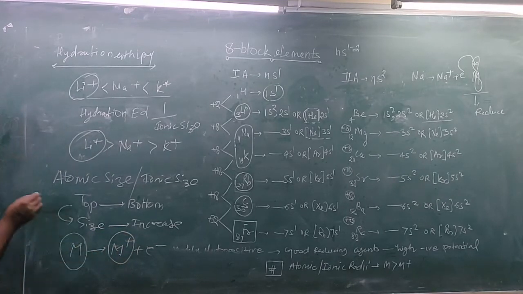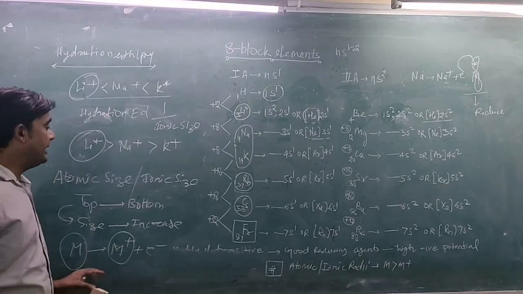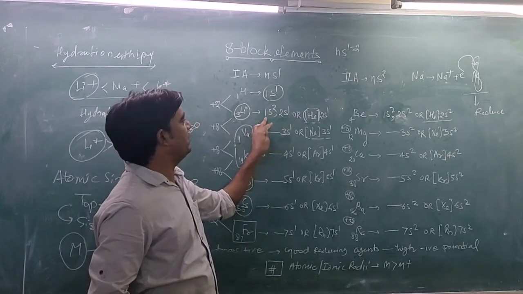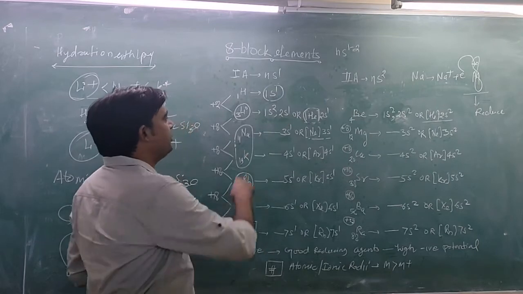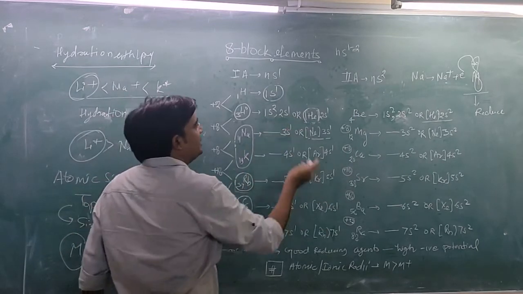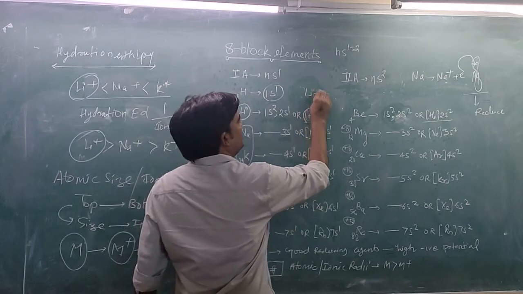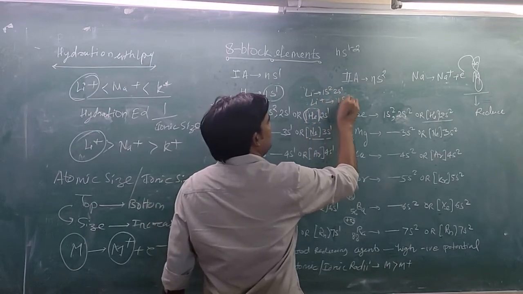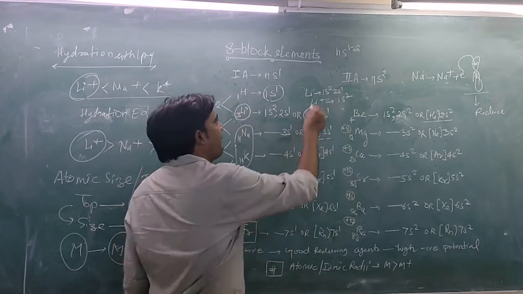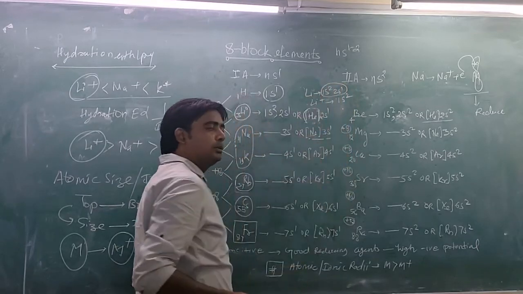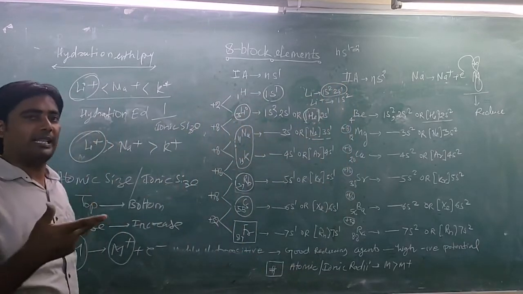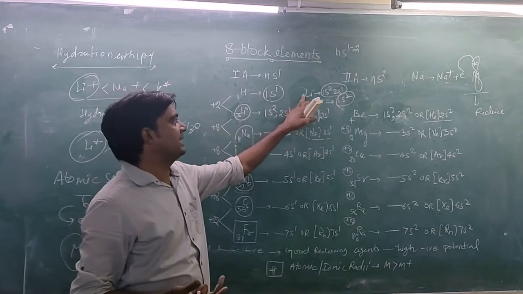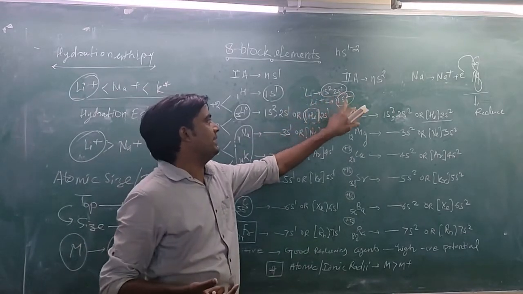Lithium's electronic configuration is 1s2 2s1, and if you remove one electron, lithium 1 positive is only 1s2. Here there are two shells, and here only one shell. So which one is the bigger atom? This one, because it has two shells.